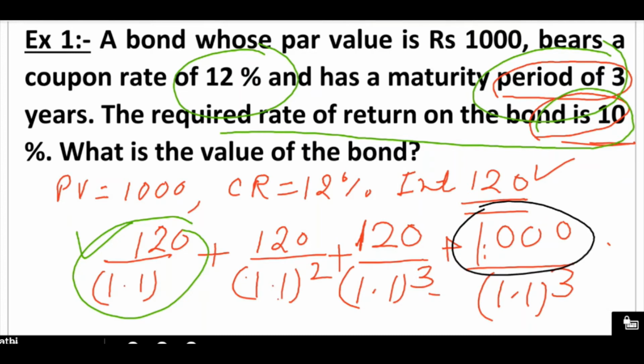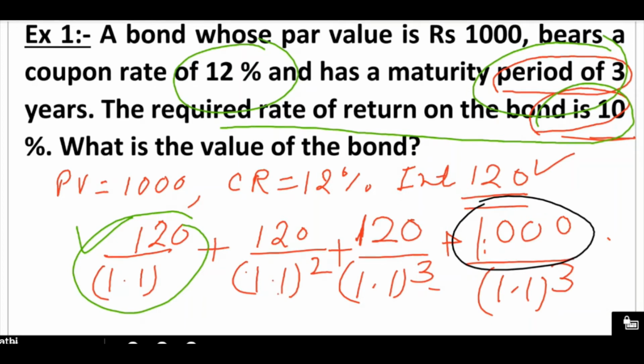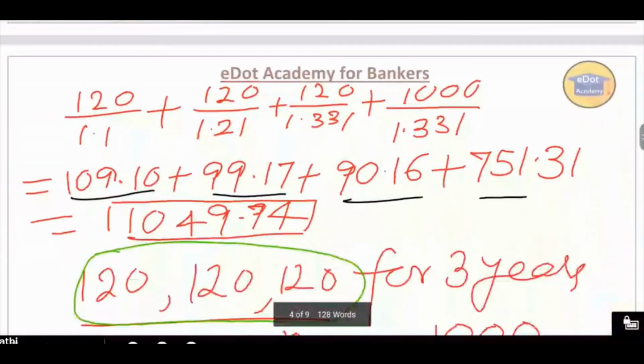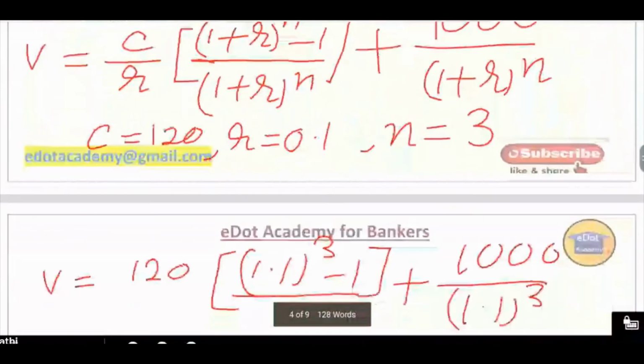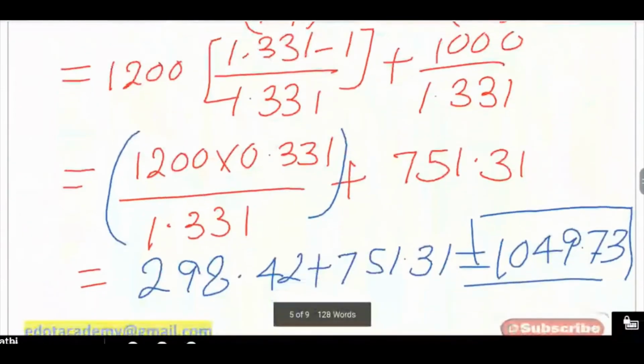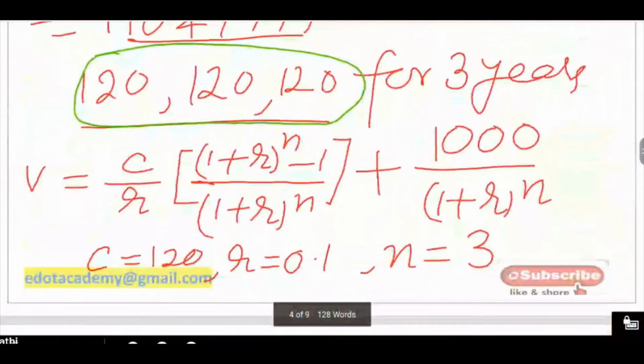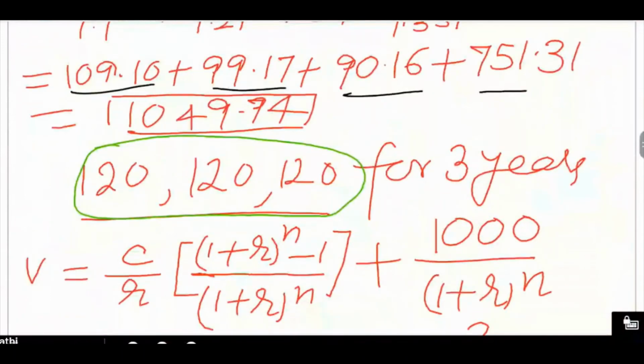You calculate this, you will get the value here. As per our calculation, the first answer you can see is 1049.74. By the second method, because we are getting 120 rupees at the end of every year, we can use the present value of an ordinary annuity.